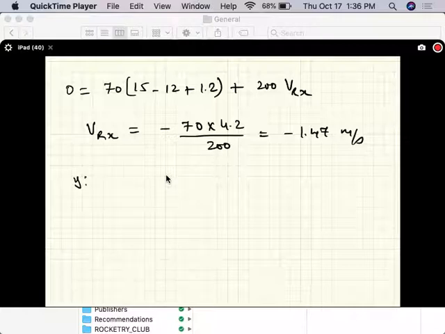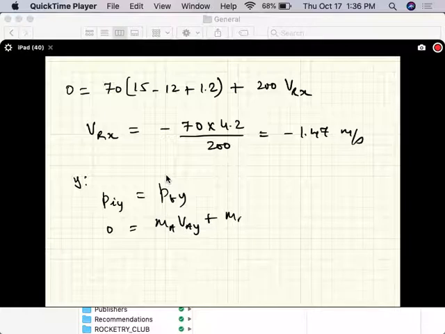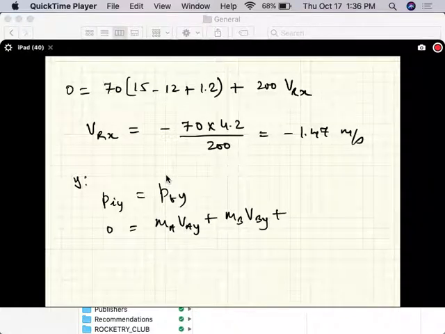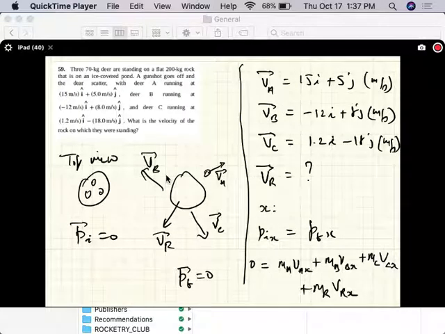All right, now we'll look at the y component of the motion. Again, 0 is equal to, and the y component of the velocities are 5, 8, and minus 18.